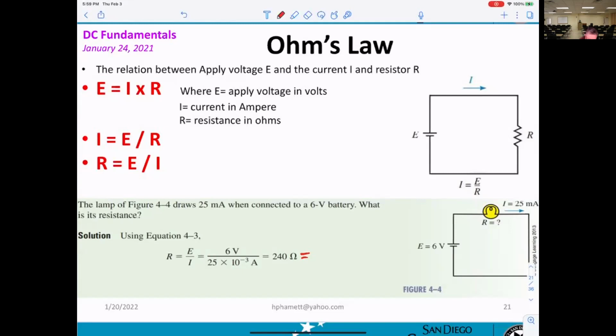You get 0.24 times 10 to the minus 3. When you bring it up, it will be 10 to the power 3. That means 0.24 times 1,000. You get 240 ohm.